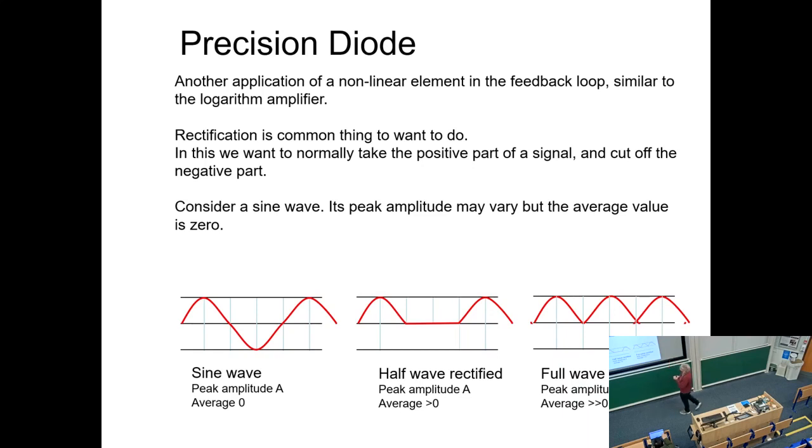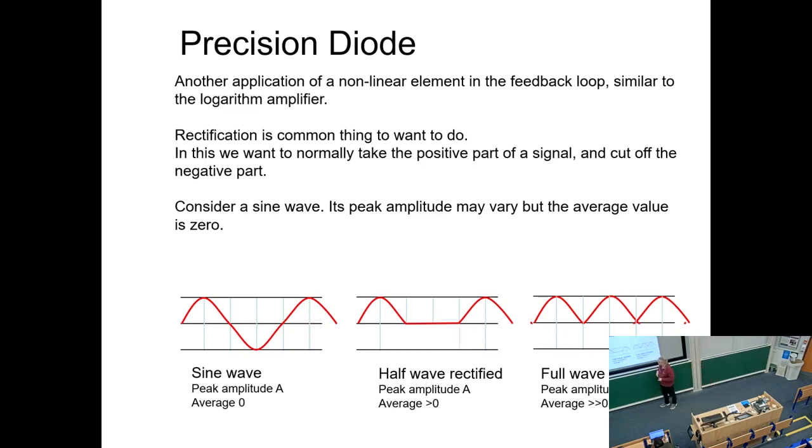Rectification, which is effectively what we want to do with these things, is a common thing to do. So what we can do with rectification is we take a sine wave, peak amplitude of A. Its average is going to be 0, because its peak is plus and minus A, so the average of a sine wave is 0. That's difficult.